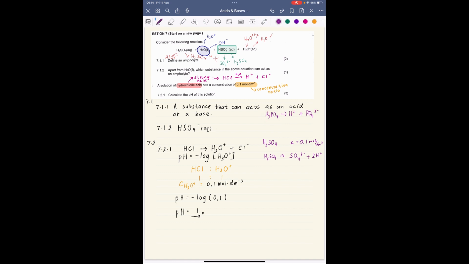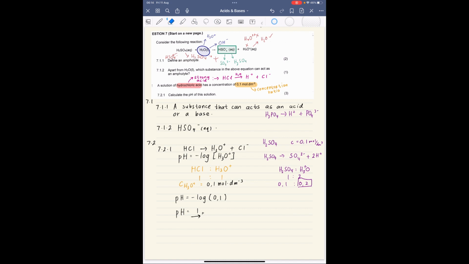And then again, you're going to use your ratio. So the ratio of H2SO4 to H+ is going to be 1 to 2. And so if you have 0.1 here, it would be 0.2 over here. So your concentration of H+ or H3O+ would be 0.2, and then you can find your pH the way you would here, and that would be 2.